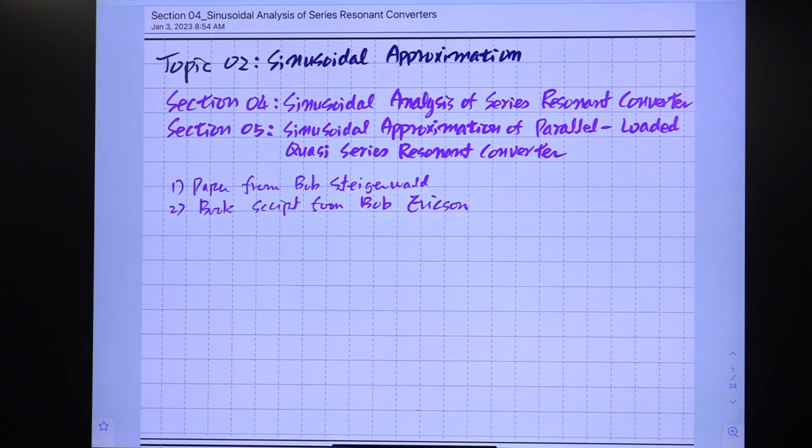Okay. Another reference I posted this morning is book chapter 9 from Bob, Bob is the nickname of Robert, right? Robert Erickson, Fundamentals of Power Electronics.